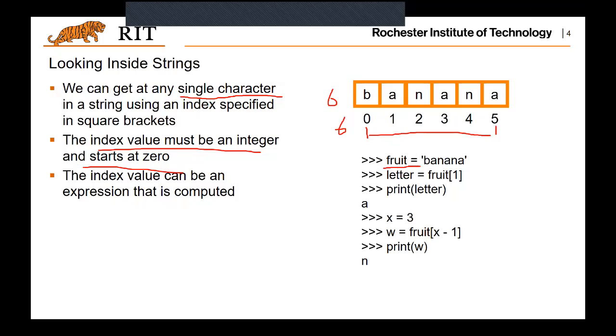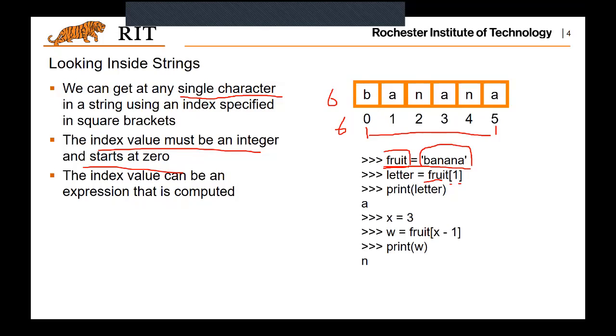In this case, we have a variable fruit, and we assign this banana string to the variable fruit. The way you access each character is with the variable plus square brackets, and in between the two brackets, you put the index of that character.